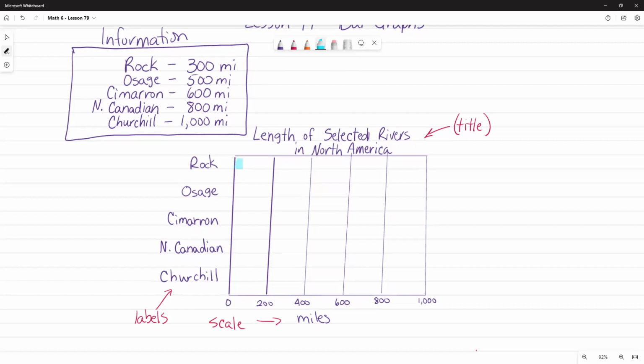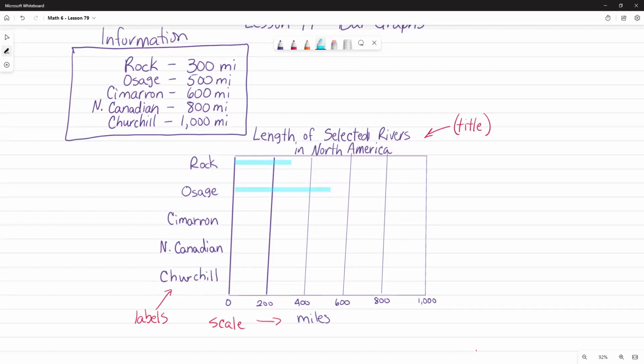So I'm going to draw that as close as I can to the middle. Okay, so the Osage, I think it's Osage, is 500, which is between 400 and 600. I'm going to draw that to about the center of those two.